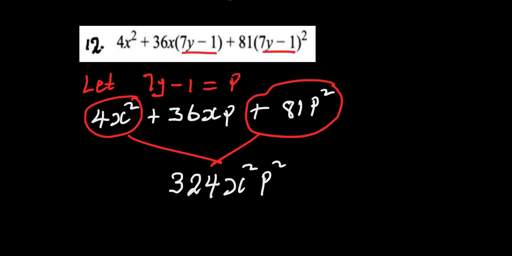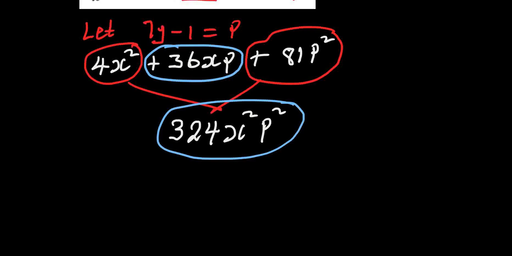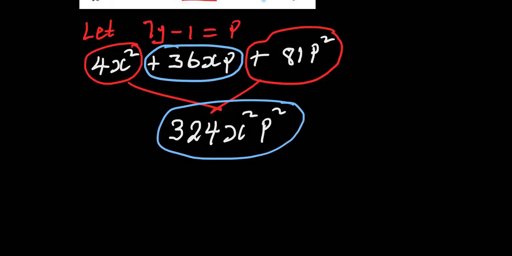So now we can find two factors of these such that the sum should be this. So the two factors of 324 that can give us 36 when added is 18.